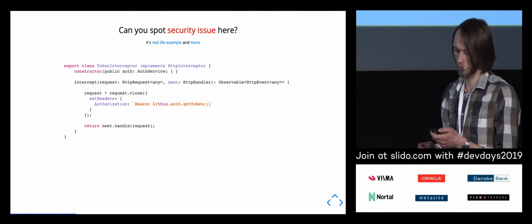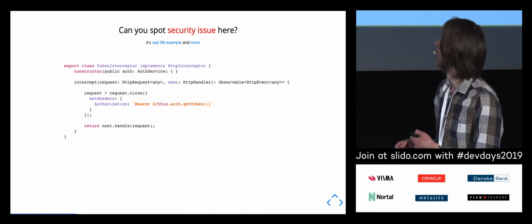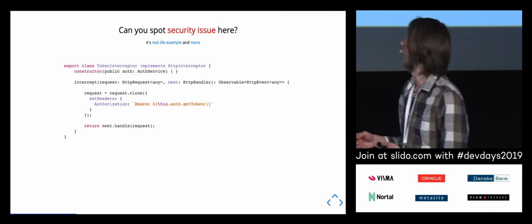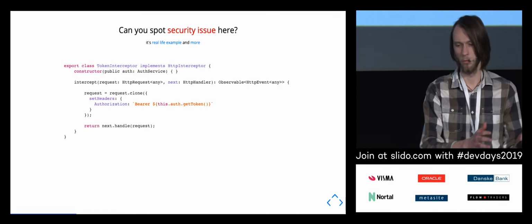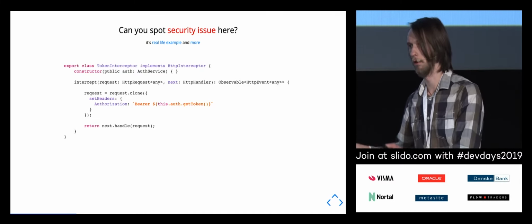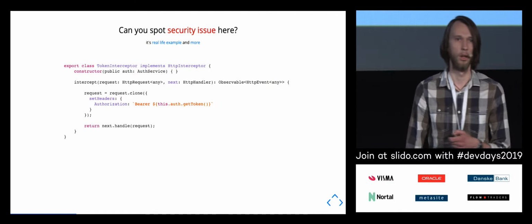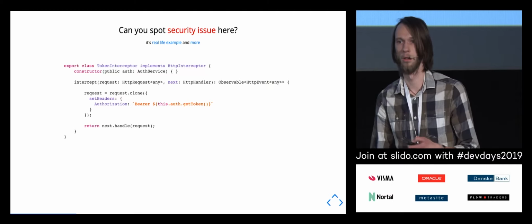That's a real solution, a real example, because if you check the links I provided later, it's from well-known blogs and Stack Overflow questions that all provide such a solution. But what could go wrong here?